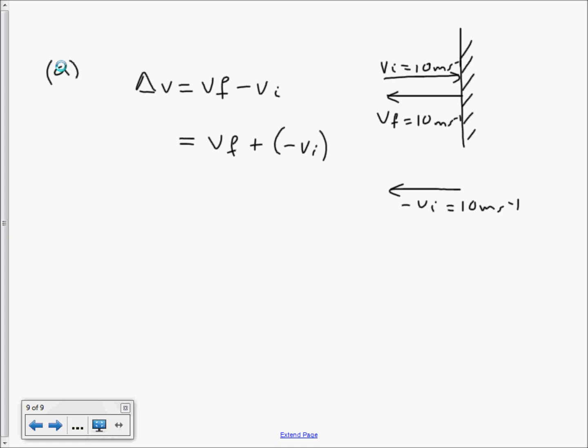So in terms of vectors, we would draw the final velocity vector. We would take the initial velocity vector, which has now been made negative, and we'd add it head to tail. Sorry, I'll just tidy that up.